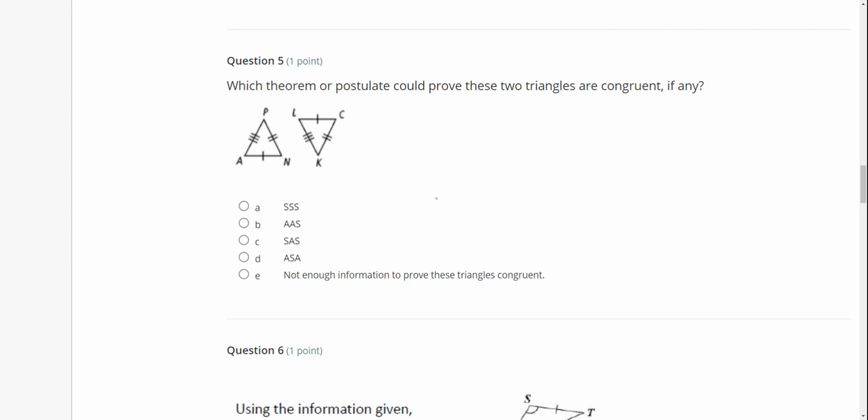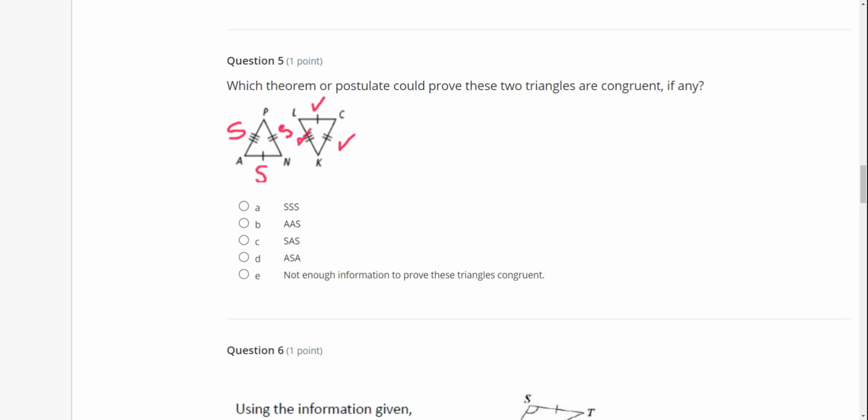What is shown in the picture here? What's marked? The sides. So I've got side AN goes with side LC, and side PN goes with side CK, and side AP goes with side LK.